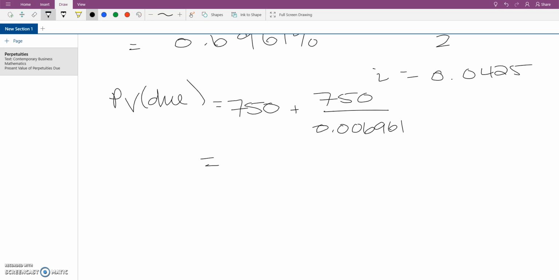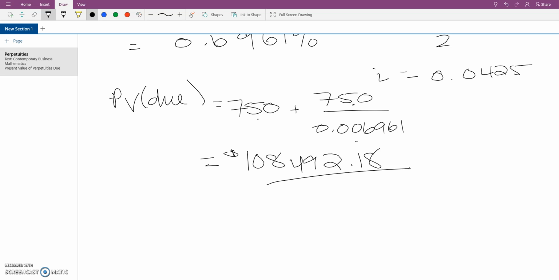And this equals our 750 plus 750 divided by 0.006961, which is payment plus payment over P, equals 108,492.18. And that is what the present value of the perpetuity is.